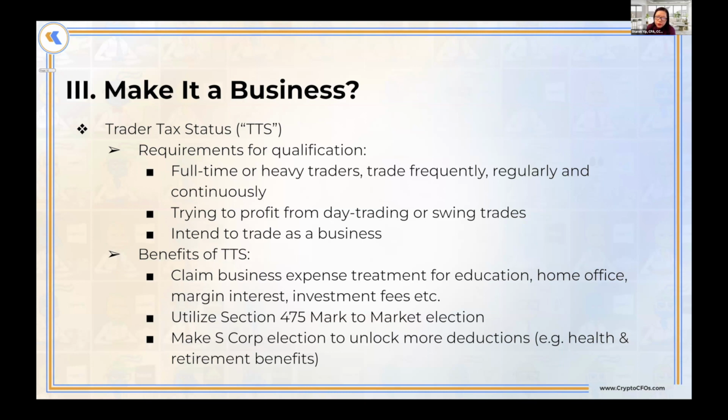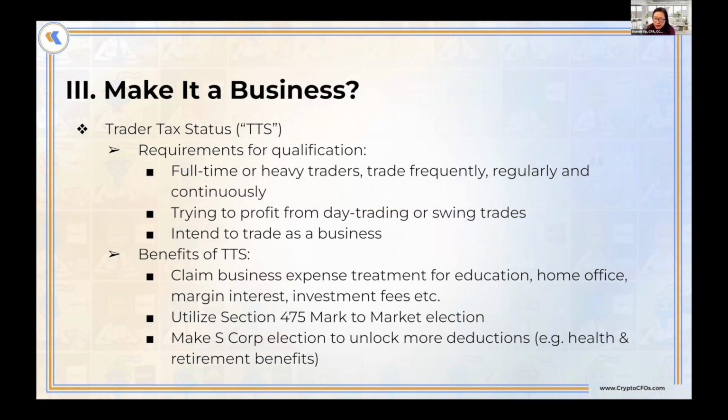Now, for full-time or professional traders, usually it does make sense for them to form a business entity to handle their crypto investments. And there's a thing called trader tax status.